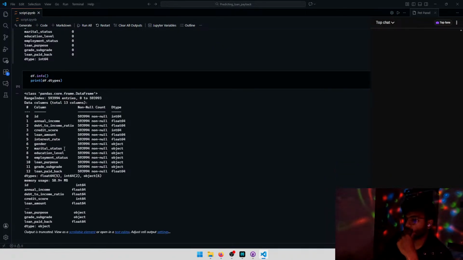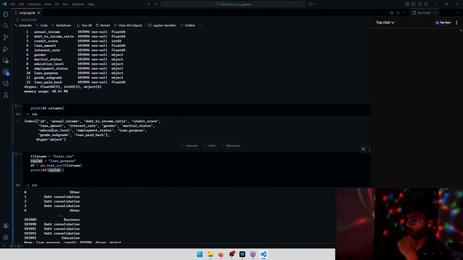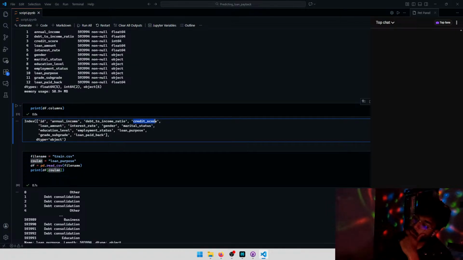As you can see in the columns, I have ID, but forget this thing, and only the income. The thing is, debt to income ratio is important and credit score is important. At first I would go with debt to income ratio, the loan amount, and the interest rate.